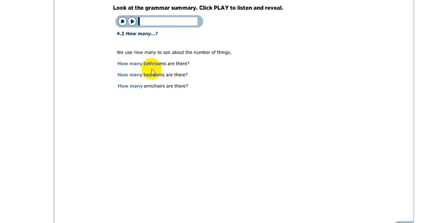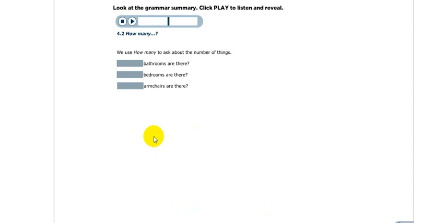So how many is with countable nouns only. We use how many to ask about the number of things.